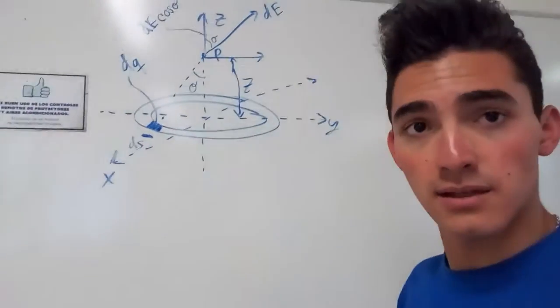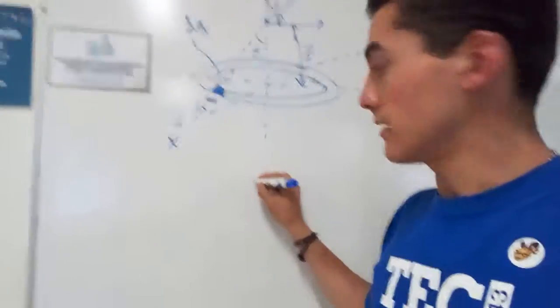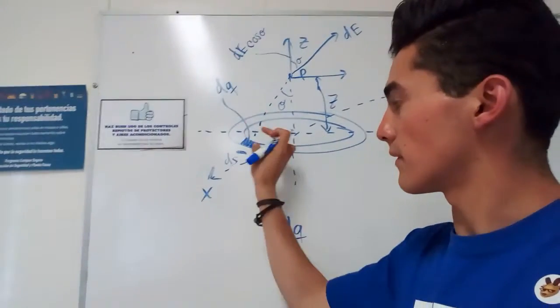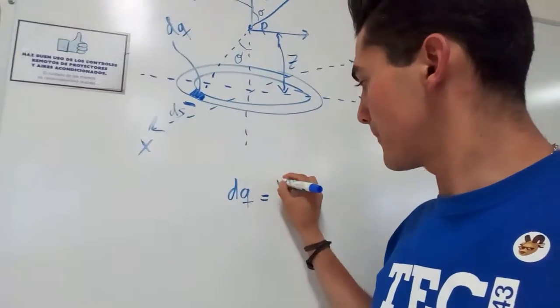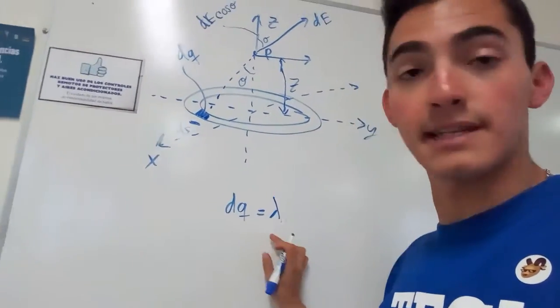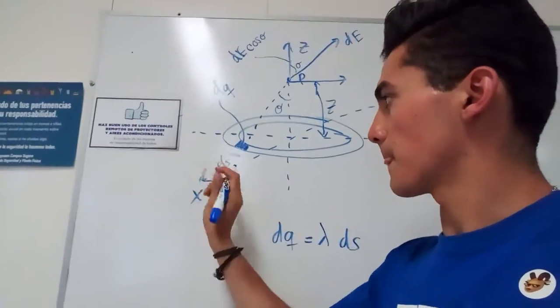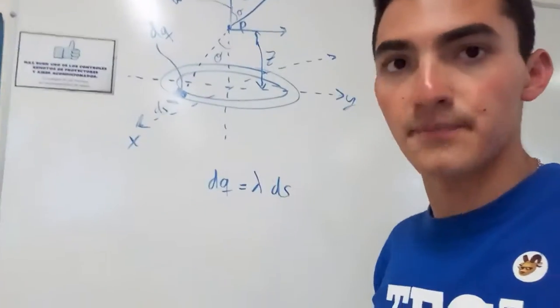Once we know this, we know that our little part of the charge has a linear density according to the linear dimension, that is ds.